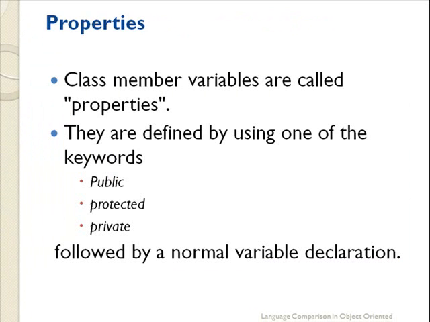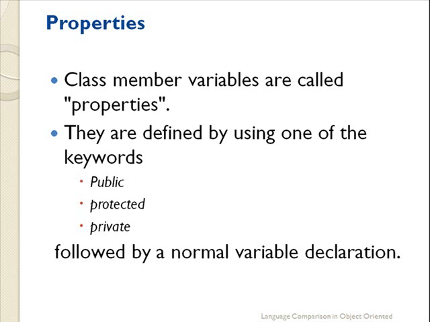Properties. Class member variables are called properties. You may also see them referred to using other terms such as attributes or fields, but for the purpose of this reference, we will use properties. They are defined by using one of the keywords public, protected or private, followed by a normal variable declaration.